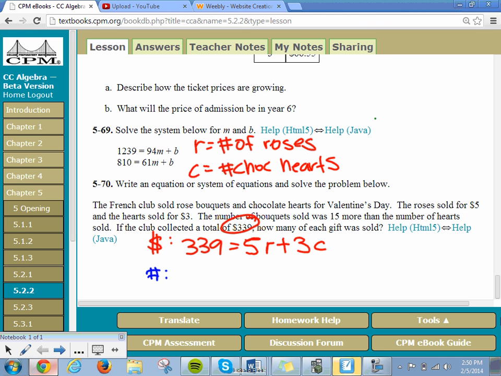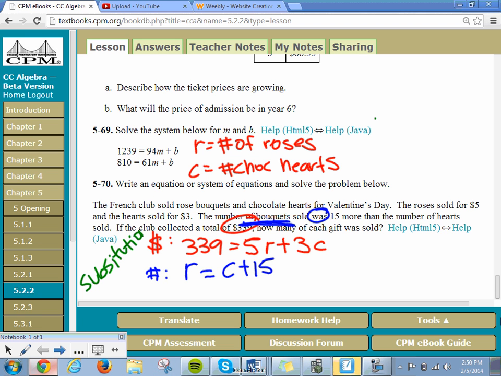The next one is they tell me a very important relationship between the number of chocolate hearts versus the number of rose bouquets they sold. They said that the number of bouquets, R, is equal to 15 more than the number of hearts. So we've got C plus 15.